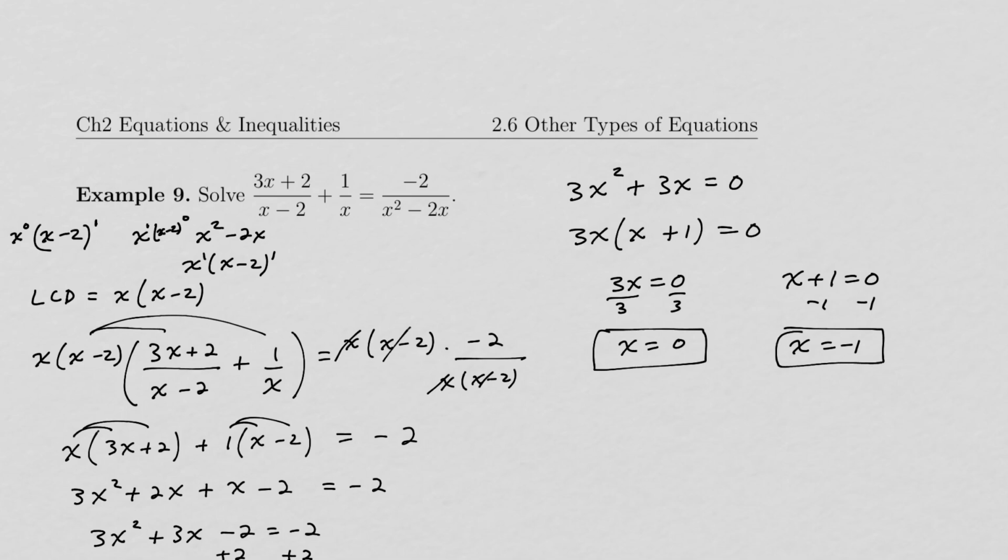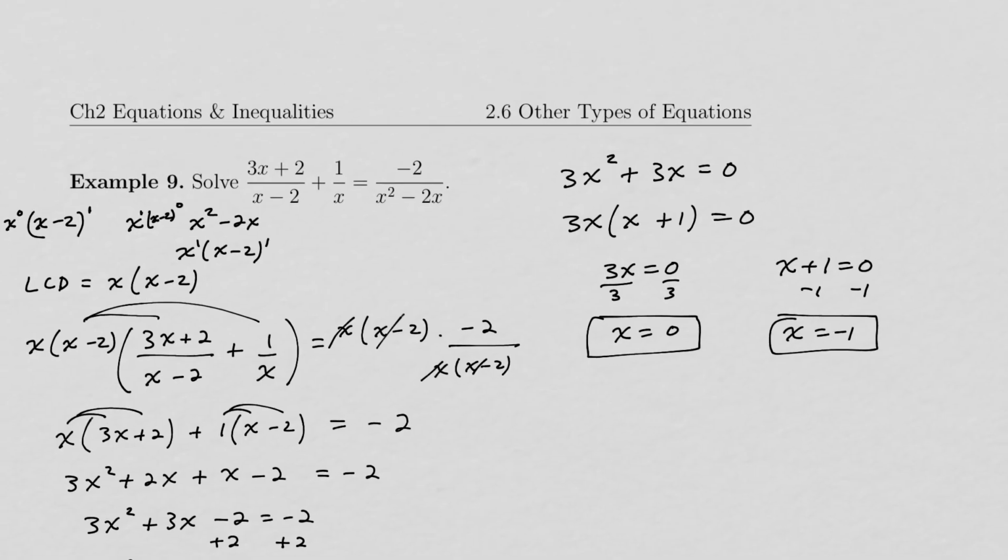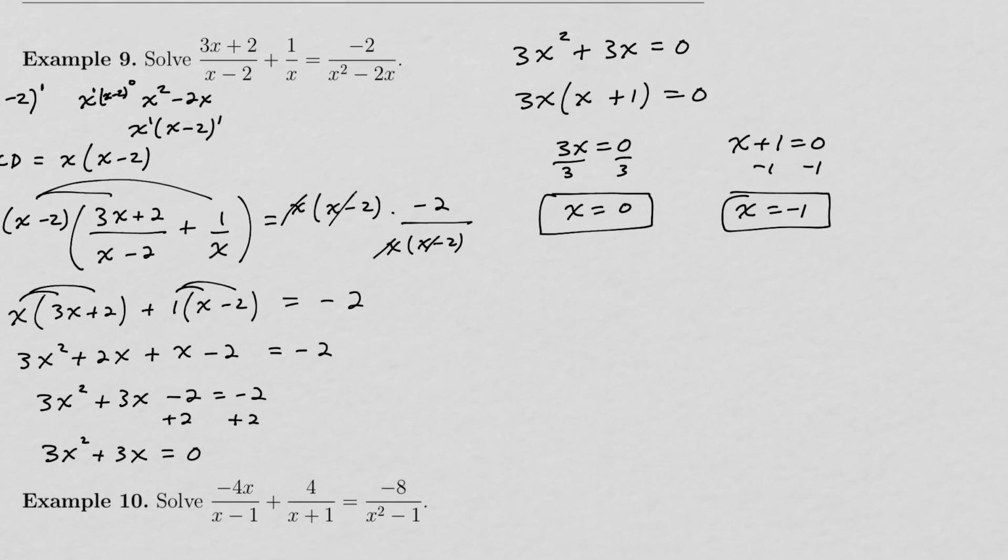Now, we need to check them, because we were dealing with rational equations, we may have divided by 0, right? So let's plug the x equals 0 back in. So I'm going to write check. Where I have an x, I'm going to plug in 0.